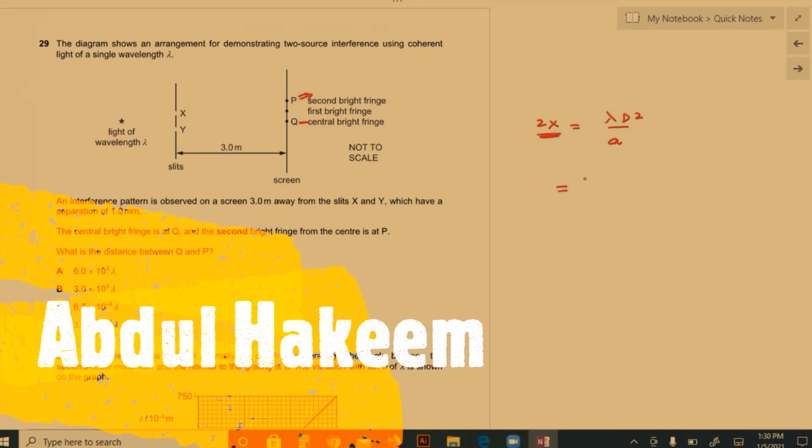So lambda is not given. This D is 3, multiply by 2, divide by a, given 1 into 10 power minus 3. So the answer is 6 into 10 power, this 6. So when you convert this in meters, this is 3 and this is 1 into 10 power minus 3.